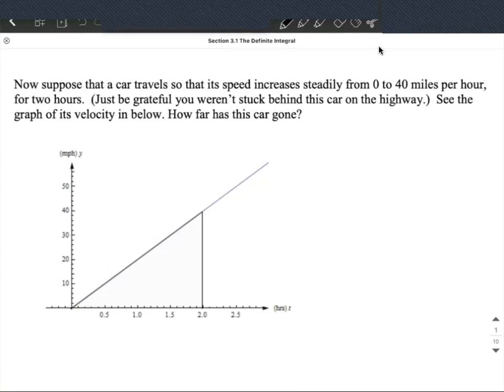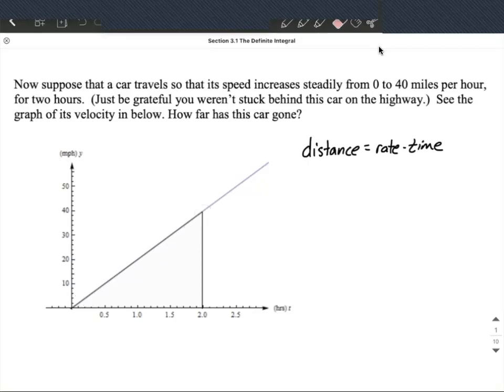So the velocity is changing. It's not constant this time. We would have a little bit of problems if we were thinking strictly in distance equals rate times time. We could fill in for the time, but the rate is changing. It's not going at a constant 40 miles per hour like our previous one was. Its velocity here is changing over time.